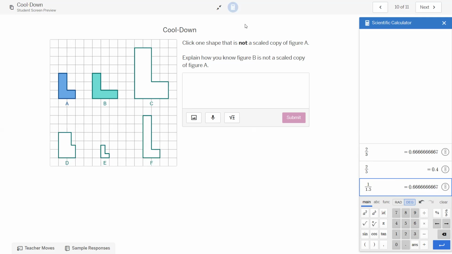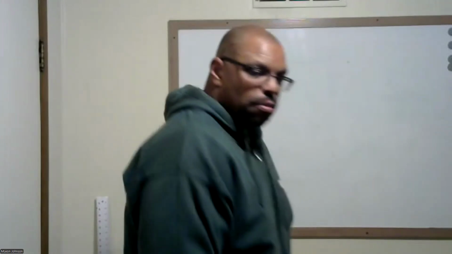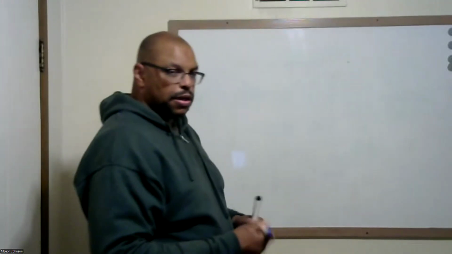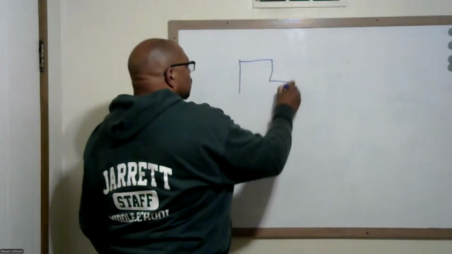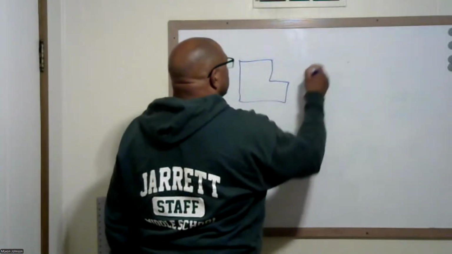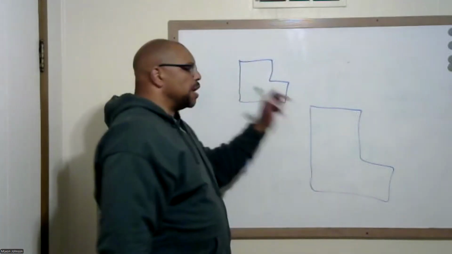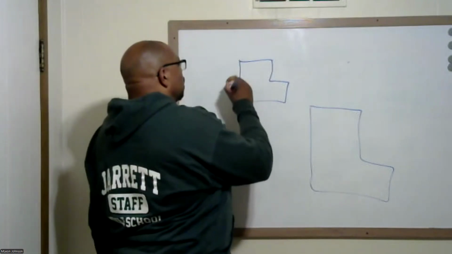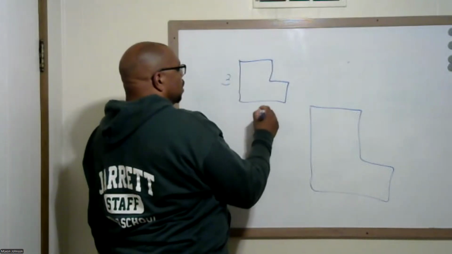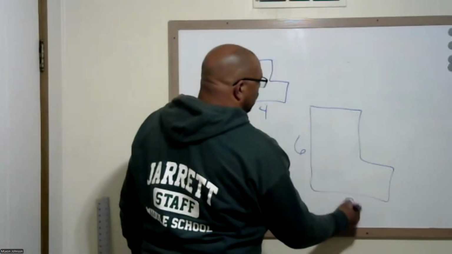Now, let's go ahead and look at some things real quick. Okay. All right. So when we compare scale copies, as you saw, you have something that looks like this, and then something that looks like this. All right. Same basic shape, only bigger. So if I put numbers to this, let's say I put 3 here and 4 there, and I put 6 here and 8 there.